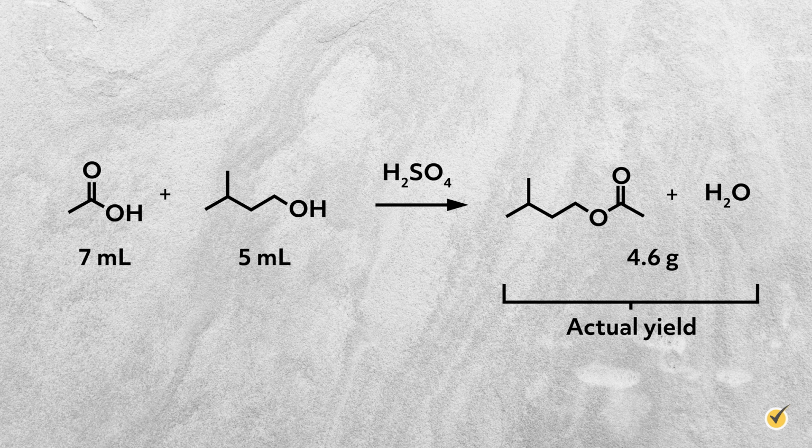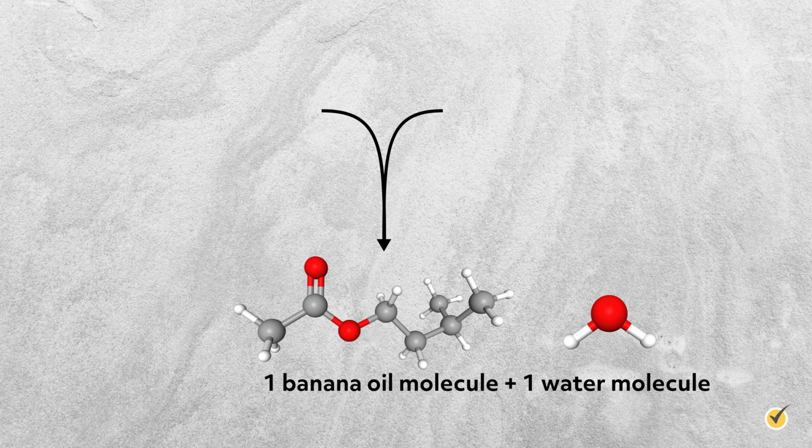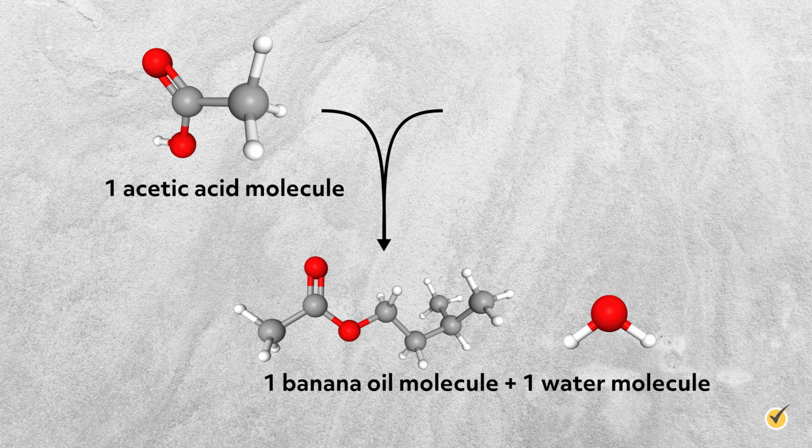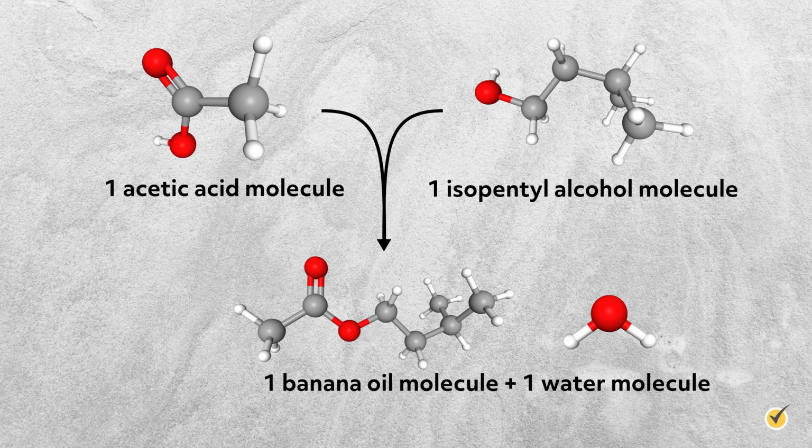So to calculate the percent yield for this reaction, we first need to know the theoretical yield. To do that, we'll need to examine the chemical equation. Notice that, very importantly, this reaction is already balanced. To make 1 molecule of banana oil, we need 1 molecule of acetic acid and 1 molecule of isopentyl alcohol.